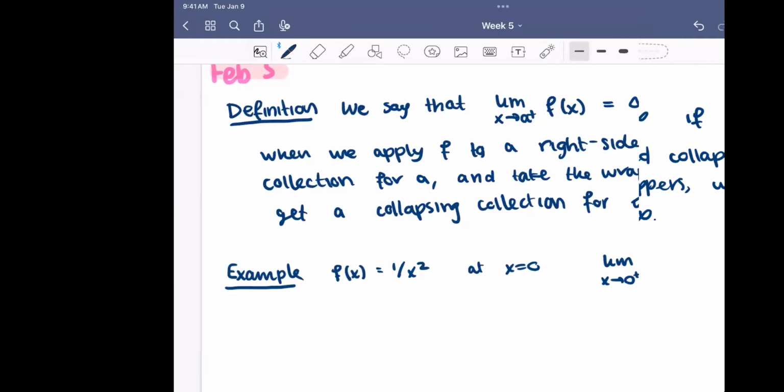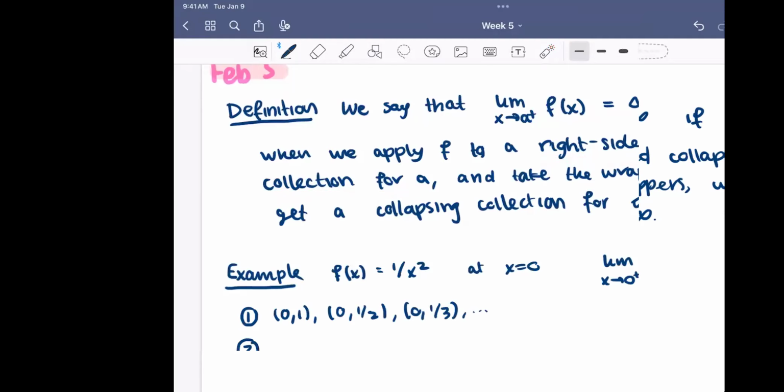So let's show that this limit actually is infinity just using the definition. First we need to start with a right-sided collapsing collection for 0. I'll just use the standard one: the interval from 0 to 1, 0 to 1/2, 0 to 1/3, and so on.